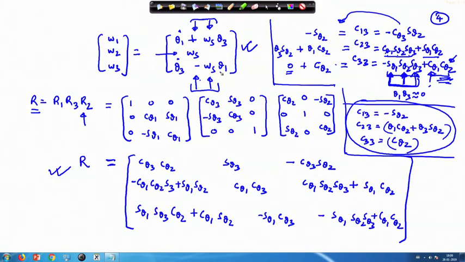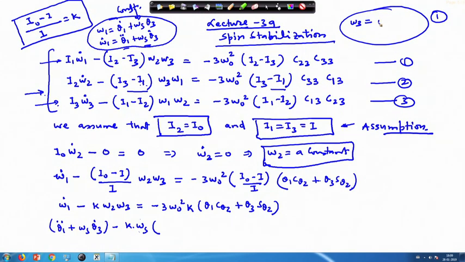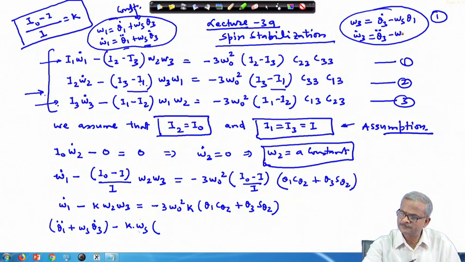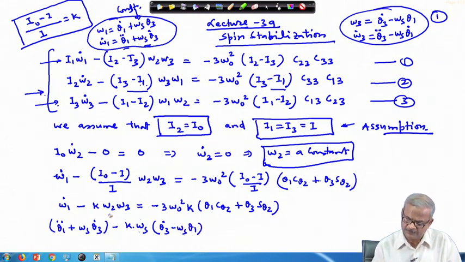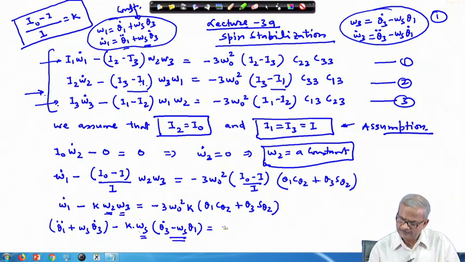Omega 3 is theta 3 dot minus omega s theta 1. Therefore, omega 3 dot will become theta 3 double dot minus omega s theta 1 dot. So, we need to insert that here: theta 3 dot minus omega s times theta 1. So, this is omega 2 and this is omega 3, equal to minus 3 omega 0 square k times theta 1 c theta 2 plus theta 3 s theta 2.